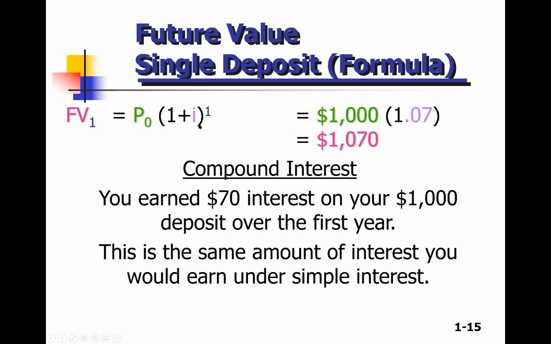Using this interest rate of 7%, the value that you have earned after 1 year would be equal, 70 using compound interest and 70 using simple interest.